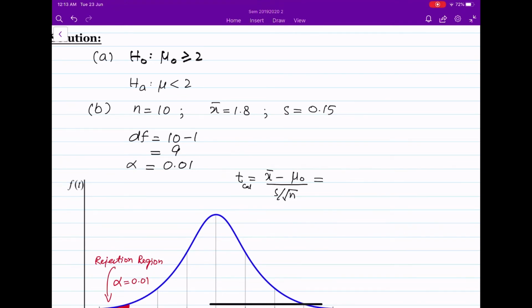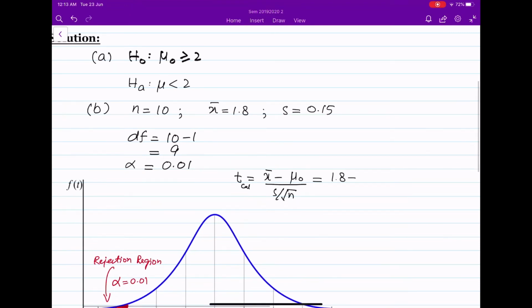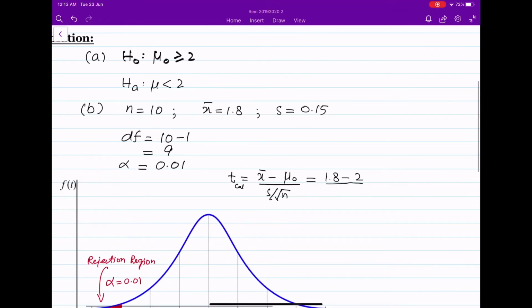Now we will put in values. x bar is equal to 1.8 and mu naught is 2, divided by 0.15 divided by the square root of 10.